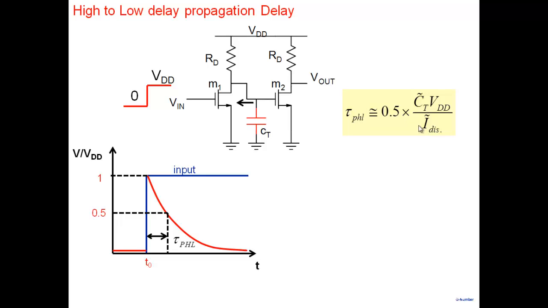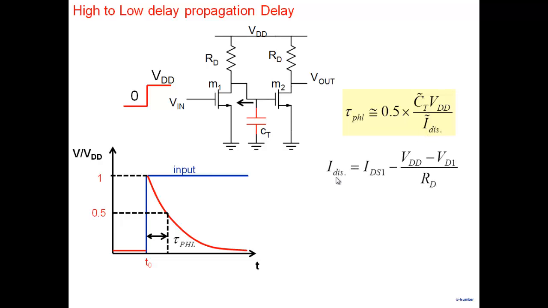The tilde here denotes the average, and this is also the average capacitance. Average over what? Average over this range, going from VDD to VDD by 2. The discharge current is also averaged over this particular range. So if I can calculate this, then I'll be able to get the high to low delay.